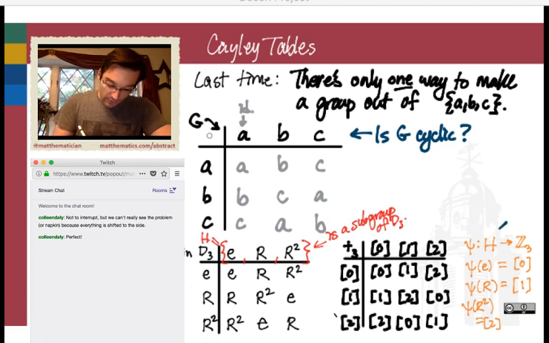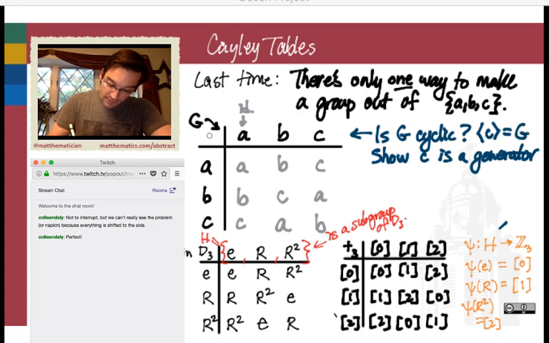So let me pick an element. Let's show that C is a generator. If I show that C is a generator, it would mean that the set of all powers of C generates the entire group G, and therefore G is cyclic.